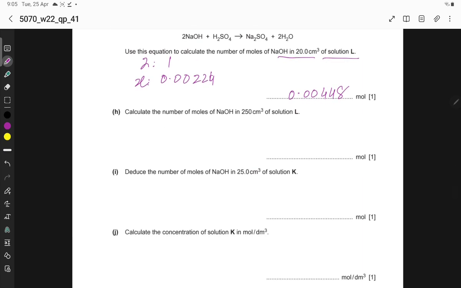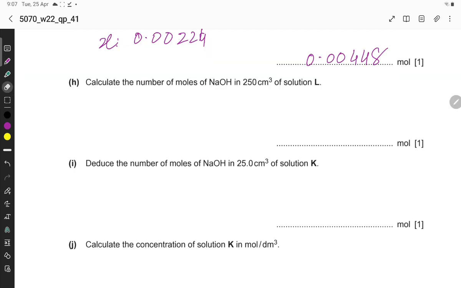Calculate the number of moles of sodium hydroxide in 250 centimeter cube of solution L. 250 centimeter cube, 20 centimeter cube solution contains mole ratio volume.